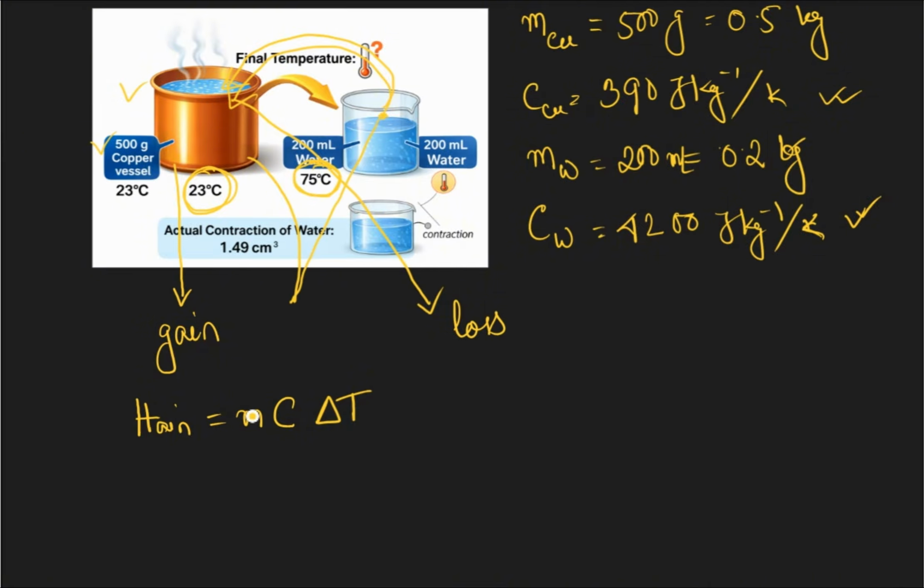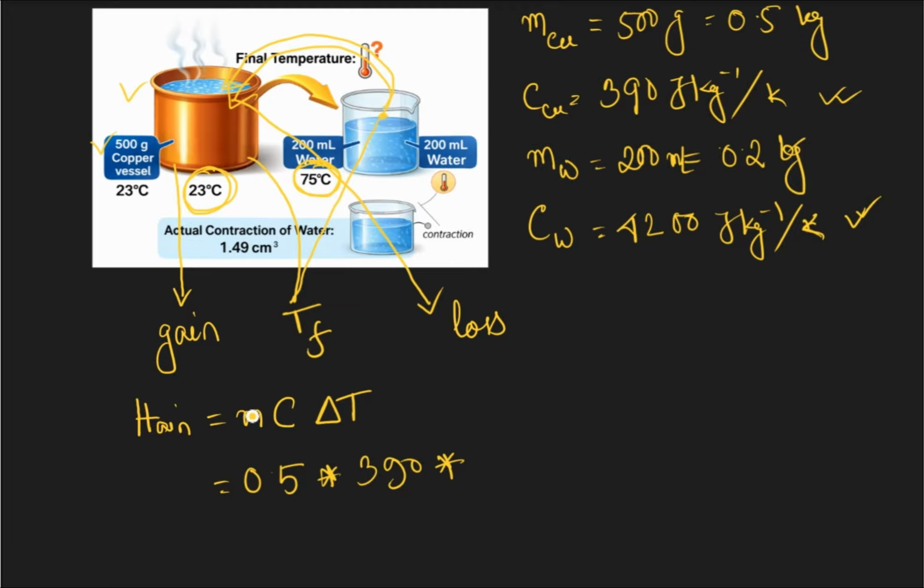So let's say the final temperature is TF. Indeed, the mass of copper is 0.5 and the value of C of copper is 390.